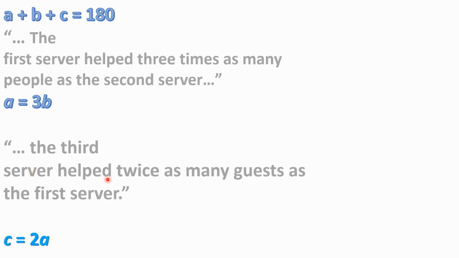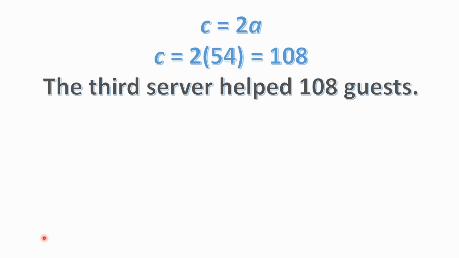The third server helped twice as many guests as the first server, and we said C equals 2A. This ought to be really simple because we already said A equals 54, that's how many the first server helped. So C equals 2 times 54 equals 108. Wow, it seems like that third server should be getting a raise, right? The third server helped 108 guests.